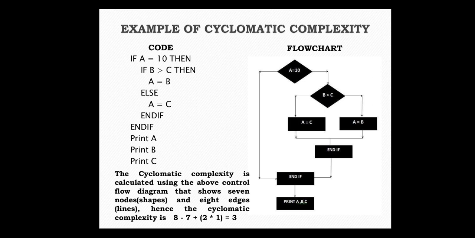So the cyclomatic complexity of the particular code is 8 minus 7 plus 2 times 1. 8 is the number of edges, 7 is the number of nodes, 2 is a constant number, and 1 is the number of nodes having an exit point. So there is only a single node. So the total cyclomatic complexity of your piece of code is 3.